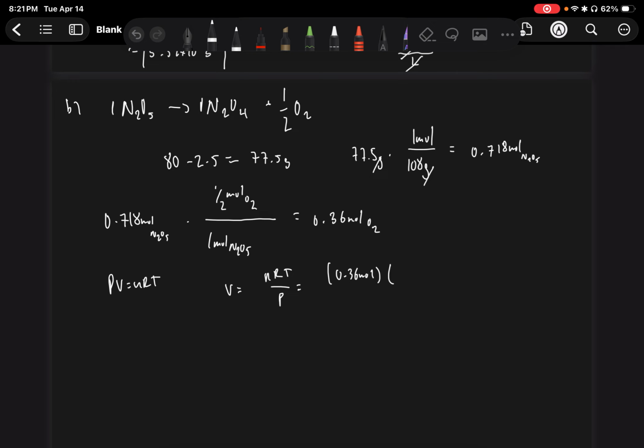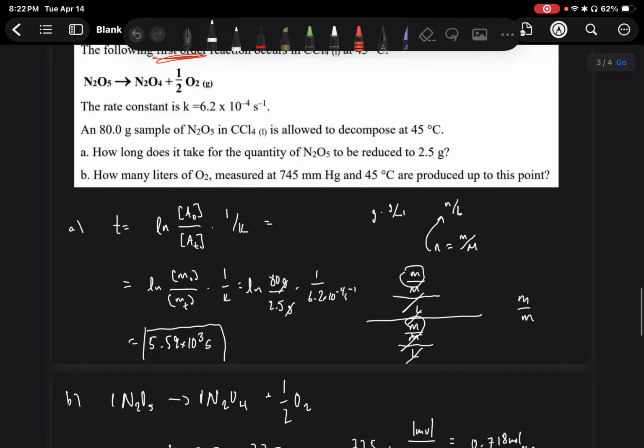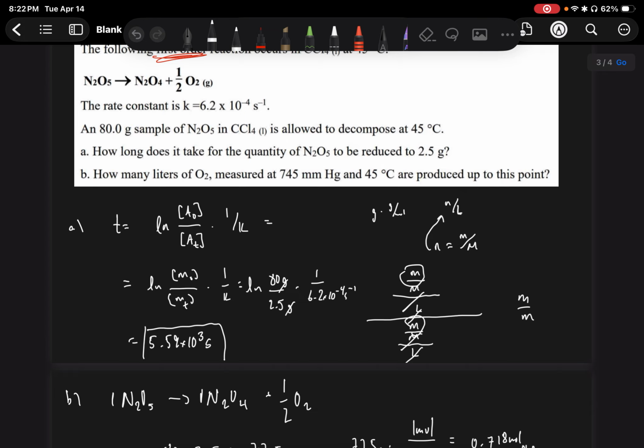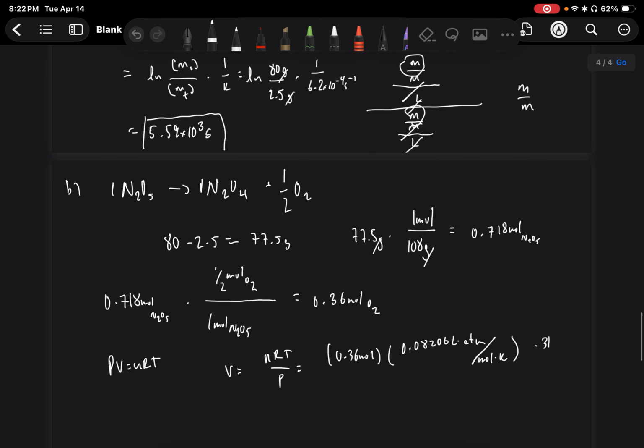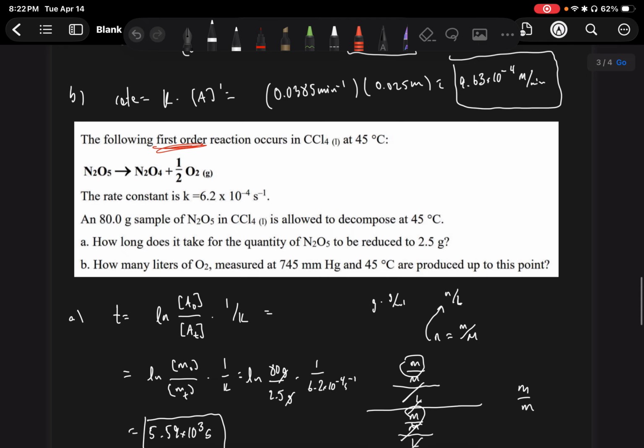Okay, so it's going to be 0.08206 liters times atm divided by mole times Kelvin, multiplied by, what's the temperature? 45 plus 273.15, just 318.15. Kelvin cancel, divided by pressure.